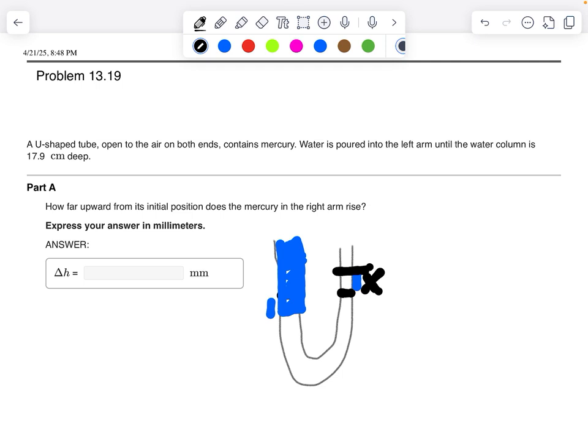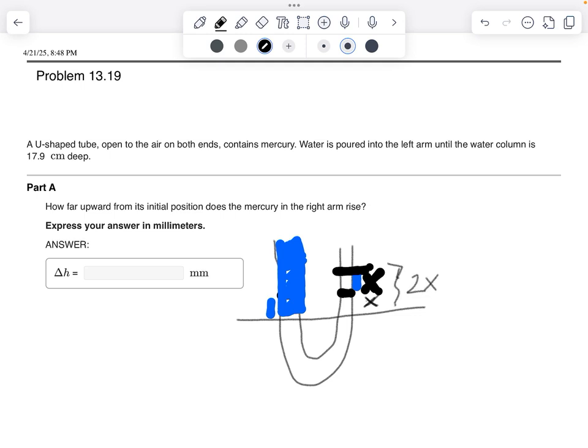But what gets really tricky here is that when we draw our line right underneath the water here, this is also X, because that's the amount the water pushed the mercury column down, X, and so this distance actually here is 2x.